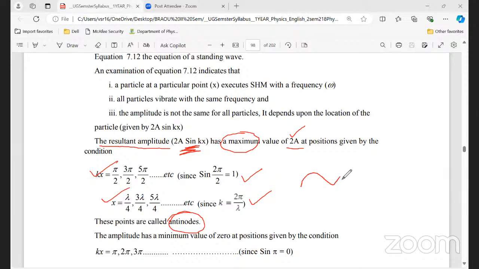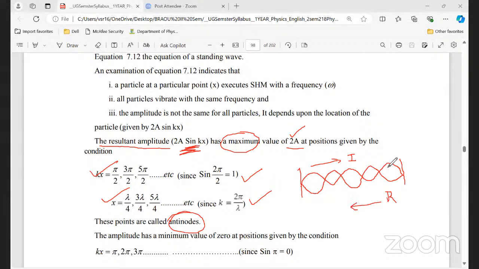One is the incident wave, traveling like this. When it is touching the x axis, that is called the node. See here, along the x direction this is incident, and after reaching, it is coming back, the reflected wave.